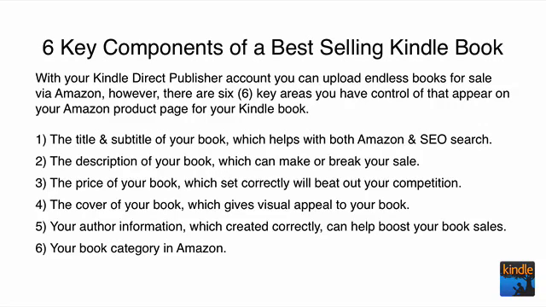In this video we're going to talk about the 6 key components of a best-selling Kindle book. Now, with your Kindle Direct Publishing account, you can upload endless books for sale via Amazon. However, there are 6 key areas that you have control over that can appear on your Amazon product page. Number 1, the title and subtitle of your book, which helps with both Amazon and SEO search purposes.